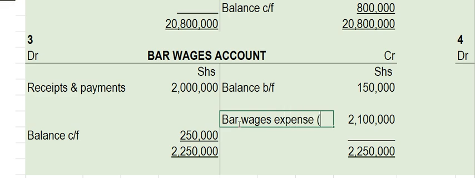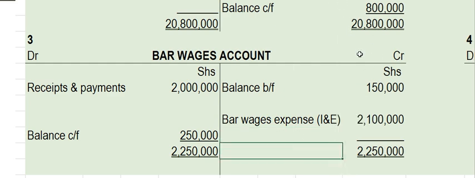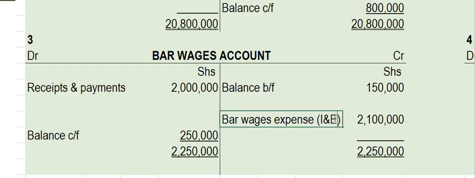Since we have to prepare the bar trading account, this is what you take to the bar trading account.